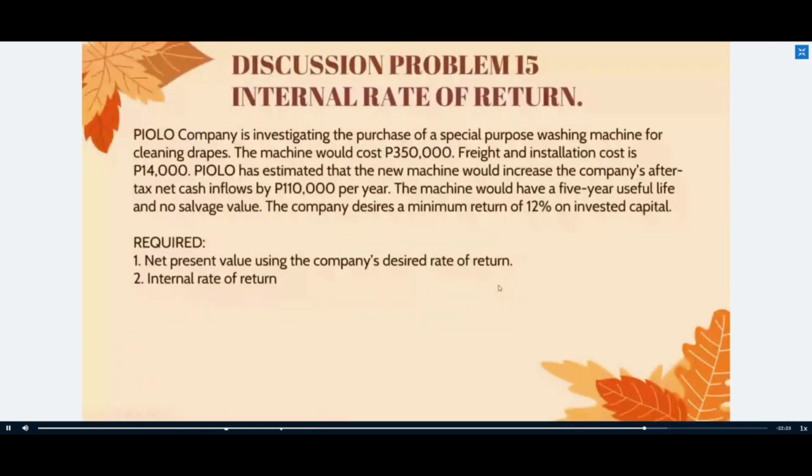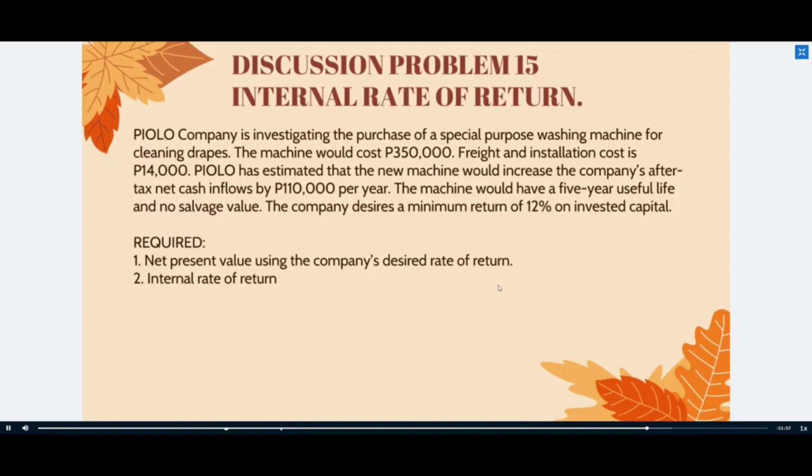So problem number 15, actually this is the internal rate of return naman, no? So the requirements are net present value using the company's desired rate of return. And then number 2, let's calculate for the internal rate of return. Piolo Company is investigating the purchase of special purpose washing machine for cleaning drapes. The machine would cost 350,000.